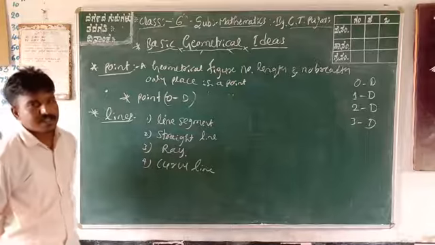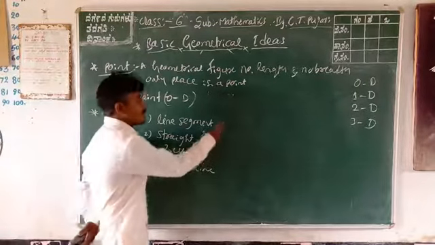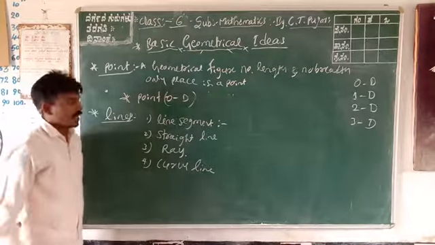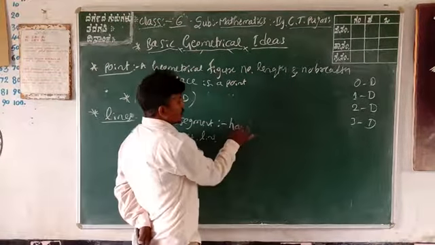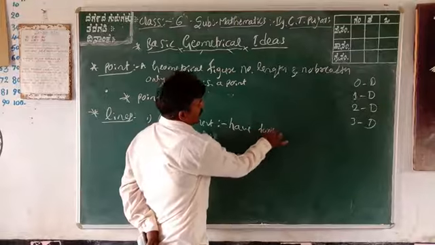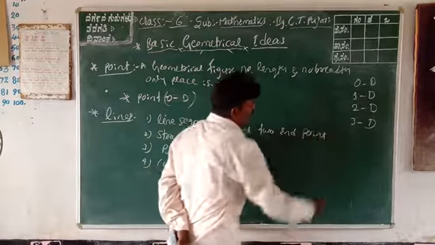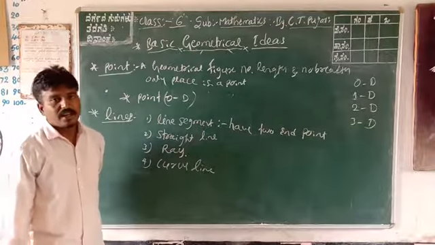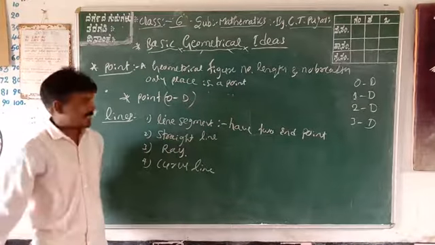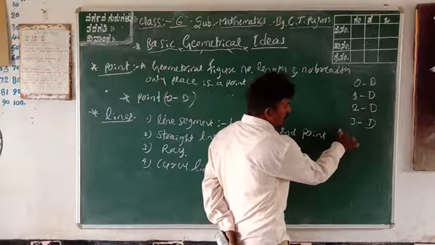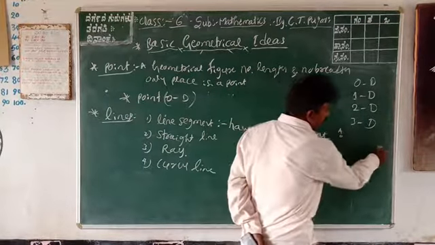What is a line segment? Line segment: the definition and diagram. What is the definition of a line segment? A line segment has two endpoints only. For example, A is one endpoint and B is the other endpoint.